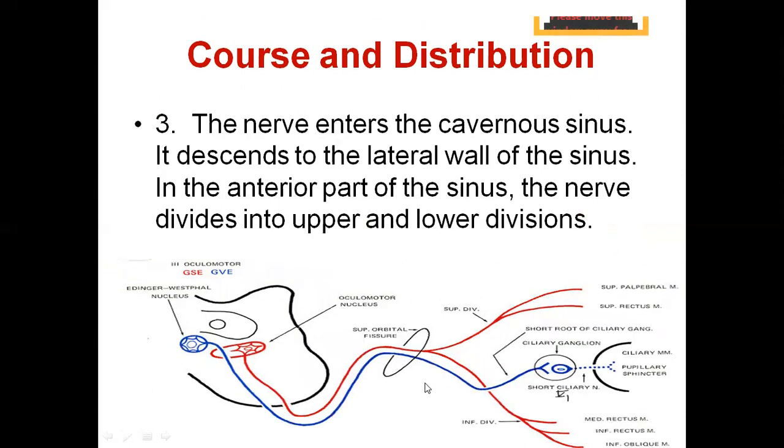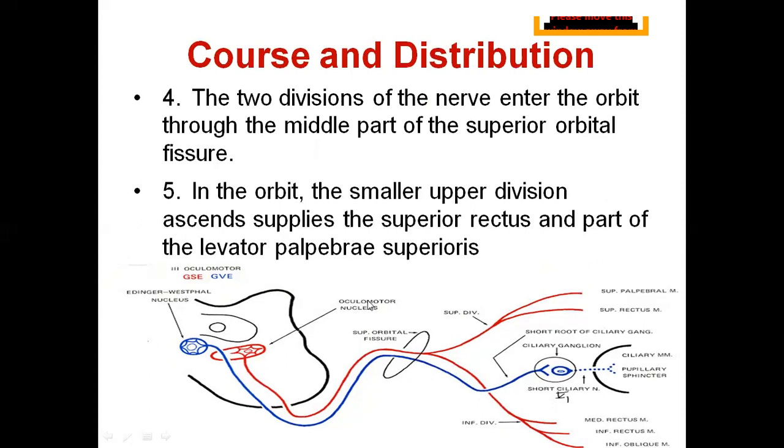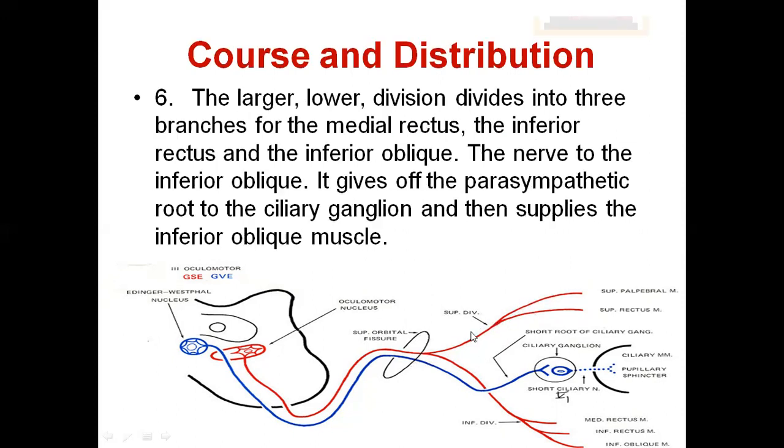The nerve enters the cavernous sinus and descends on the lateral wall of the sinus. In the anterior part of the sinus, the nerve divides into upper and lower divisions. The two divisions enter the orbit through the middle part of the superior orbital fissure. In the orbit, the smaller upper division ascends and supplies superior rectus and levator palpebrae superioris.